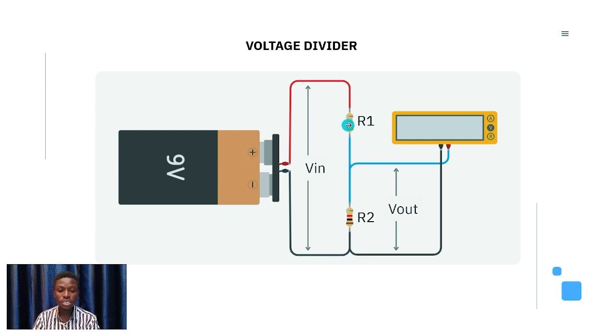The first resistor, we call it R1. The second resistor, we call it R2. The input of the battery voltage, we call it Vin. And the output voltage in between these two resistors, we call it Vout, right?